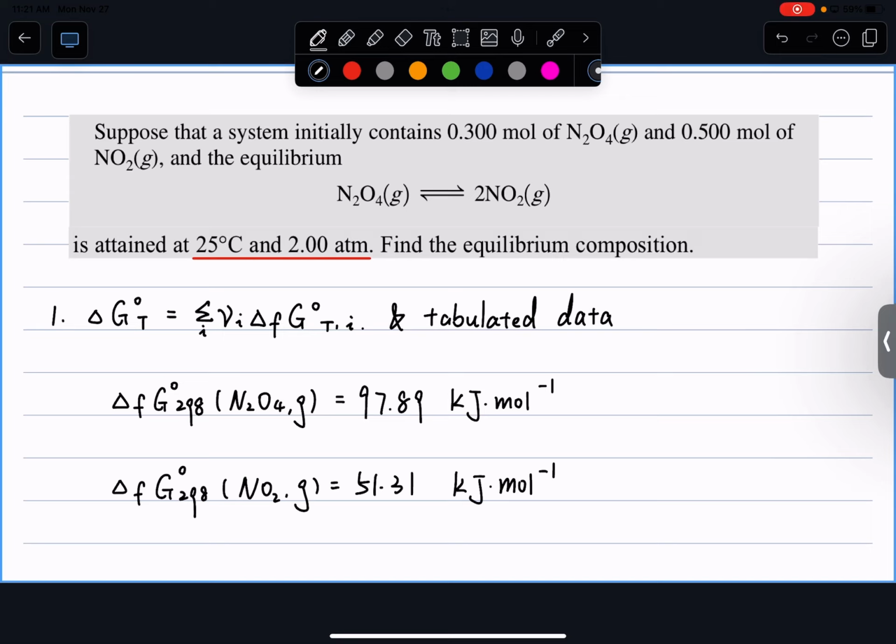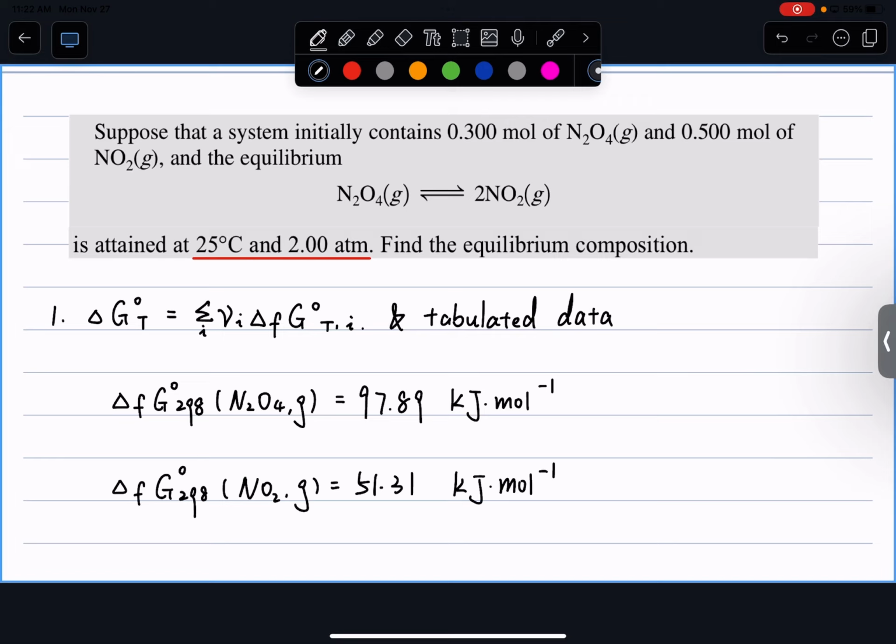All right. So with that in hand, we can calculate the partial pressure of each of the chemical species at equilibrium. So the partial pressure of NO2 equals the mole fraction of NO2 times pressure, and that equals the NO2 that's here, 0.5 plus 2C divided by the total, so 0.8 plus C, times the pressure.